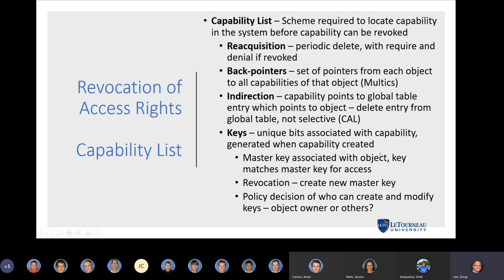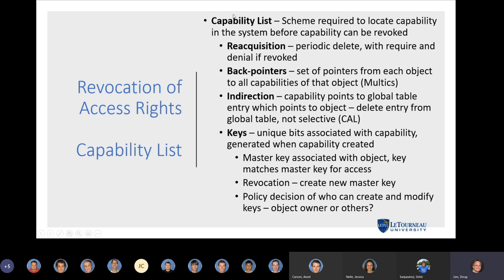And then keys. There's a master key associated with an object, and a key matches the master key for access. For revocation, we create a new master key, and then the locks are modified. The key decisions are who can create and modify keys, and who actually is the owner, permitting or denying access to that particular resource.